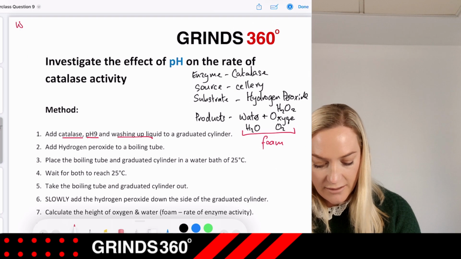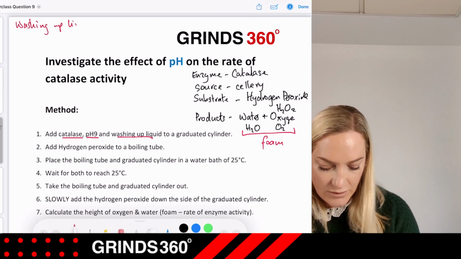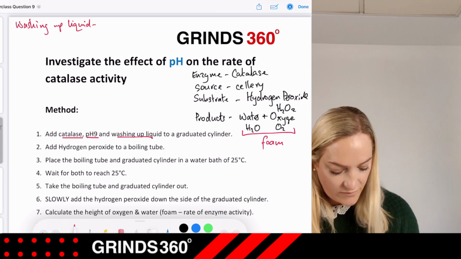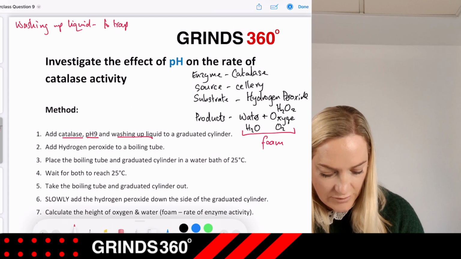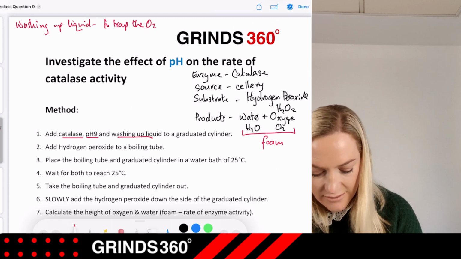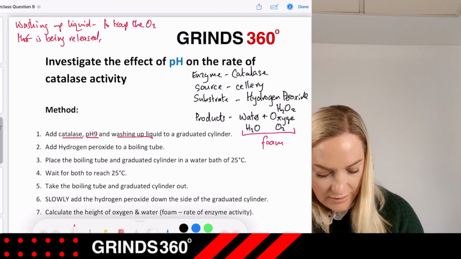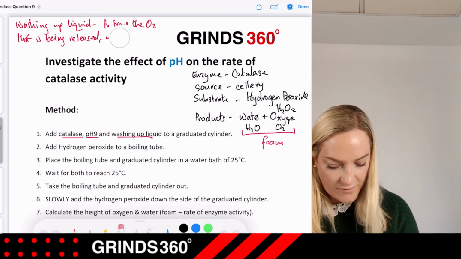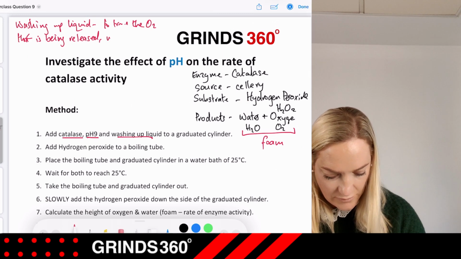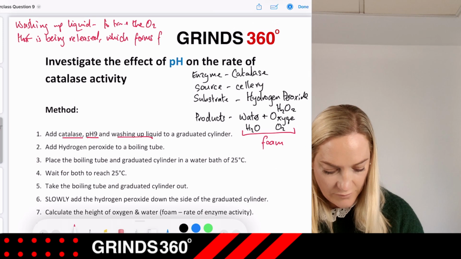So if I write here, the purpose of your washing up liquid is to trap the oxygen that is being released which helps form the foam, or which forms the foam.